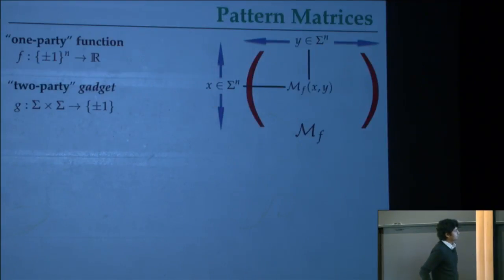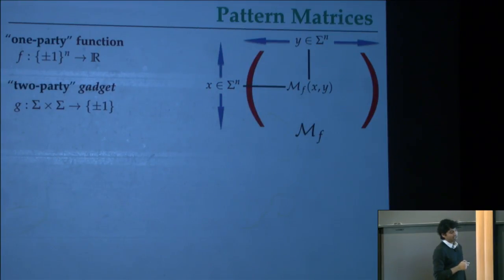Great. So what are pattern matrices? For the purpose of this slide, you can forget about all the M cut things. This is just a standalone definition, a very well studied idea in communication complexity. You have some one-party n-bit Boolean function, that is, a function on the Boolean hypercube that takes real values.